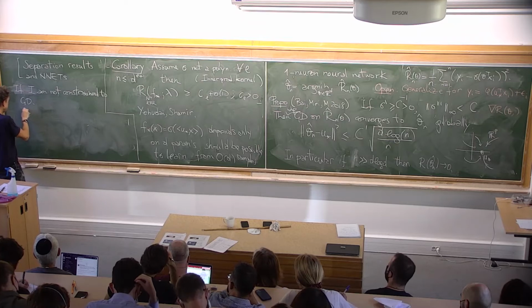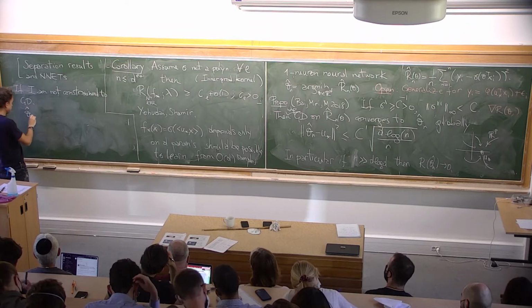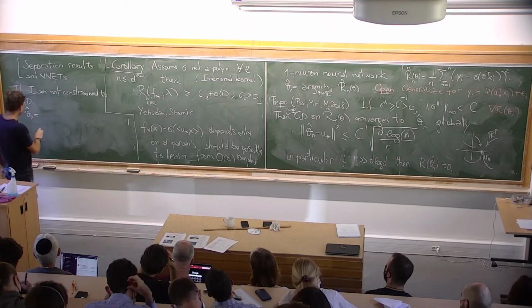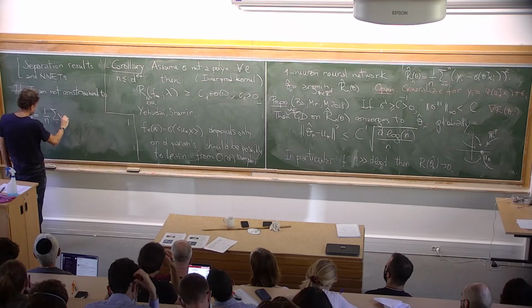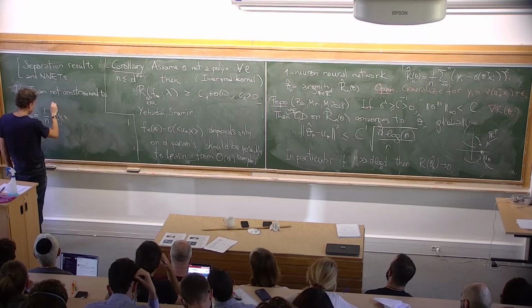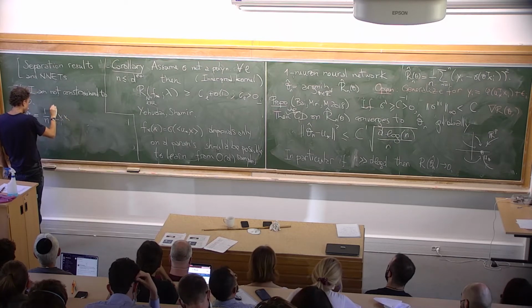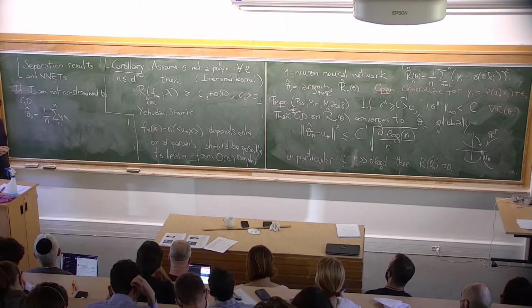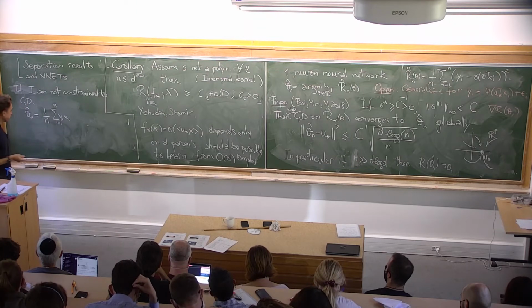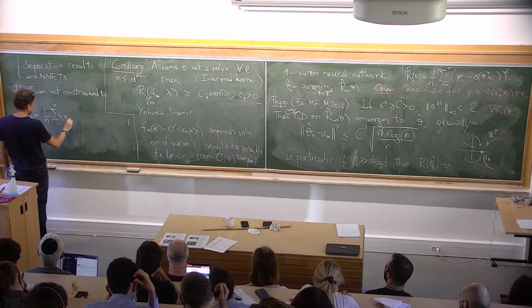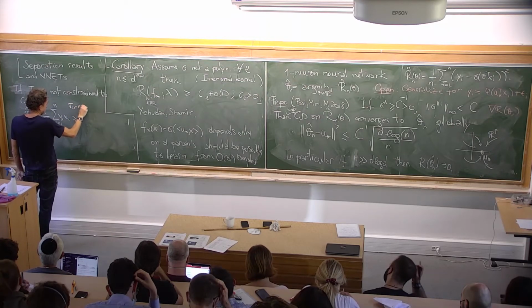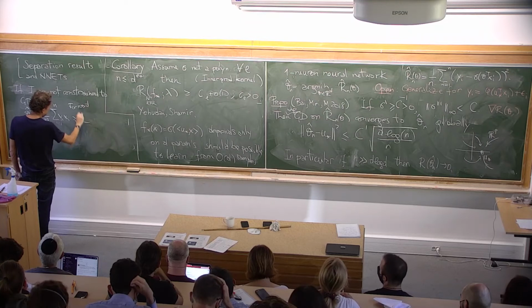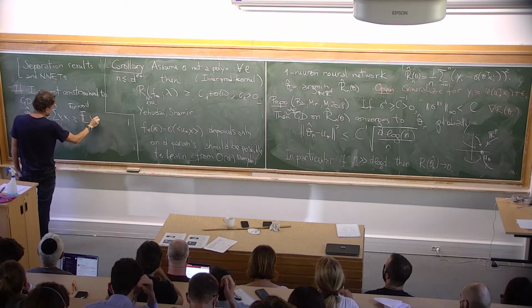I can just compute a first estimate that is 1 over n sum over i of yi xi. And for n much larger than d, this will concentrate around the expectation of y times x.